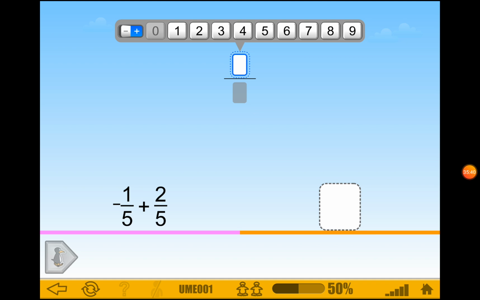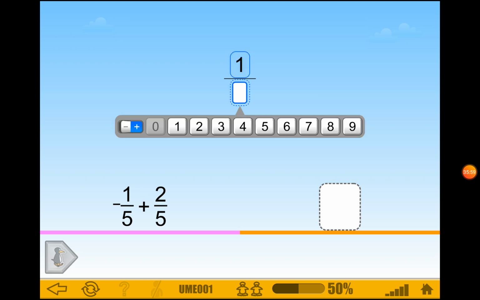Okay, so negative 1/5 plus 2/5. So negative 1 plus 2 is 1. And then the denominator stays the same. So then that would be 1/5, which is not equivalent to anything else.